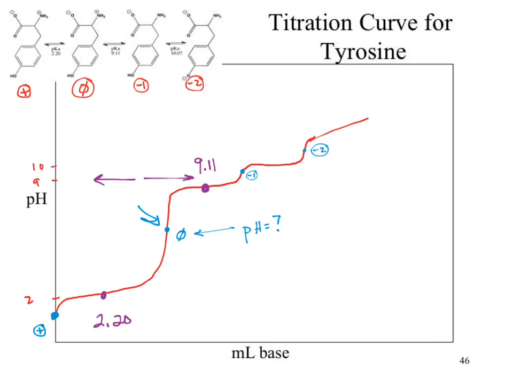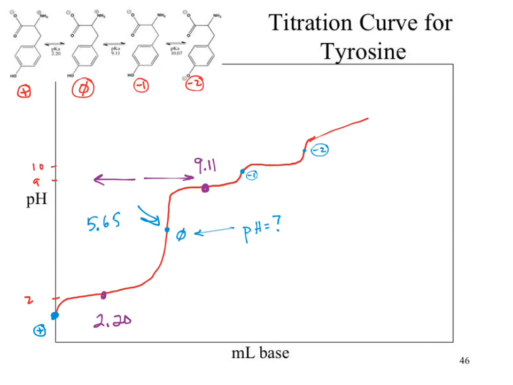What's going to be exactly halfway between them? 5.65. Did you calculate it? It is 5.65. What is exactly halfway in between? Where my structure equals 0.